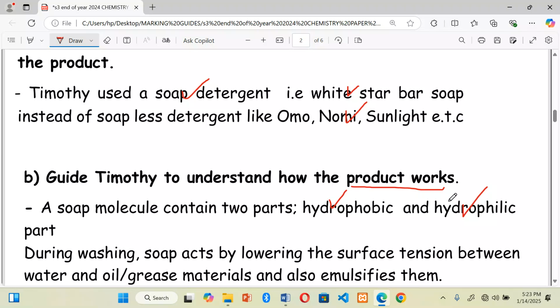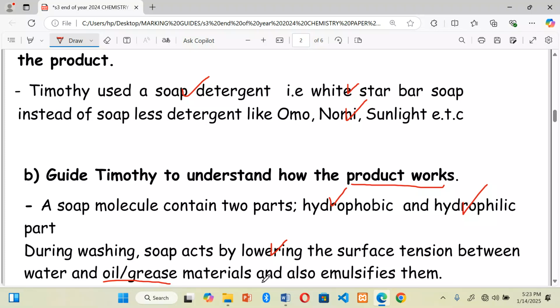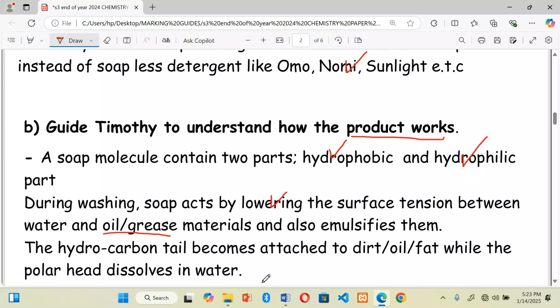Now, what happens? During washing, soap acts by lowering, very good point, lowering the surface tension between water and oil or grease material. Please, whenever you talk about oil and grease, this is the dirt. And it also emulsifies them.